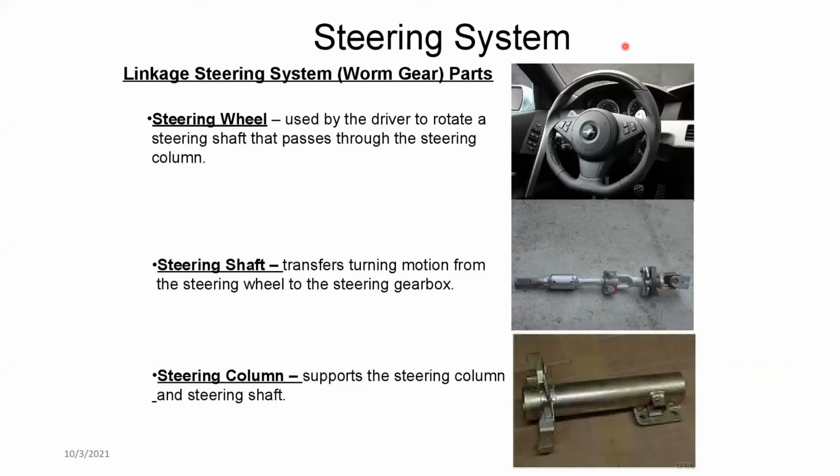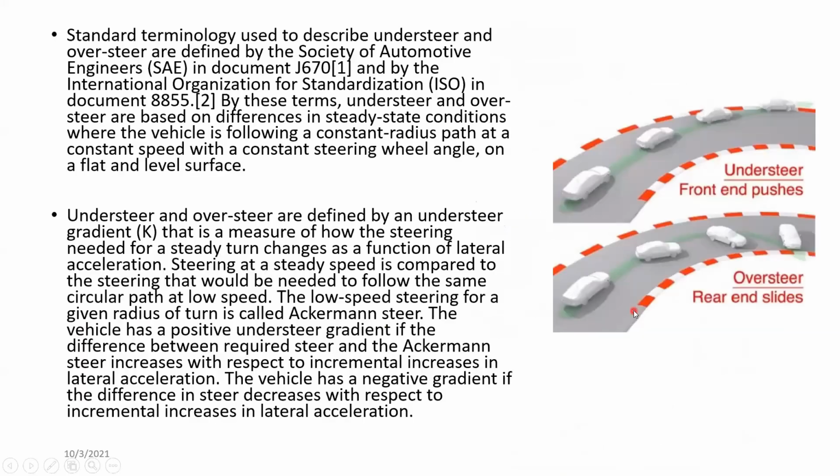So that's a science, the science behind how the human interacts with machines. The steering shaft and the steering column are very important components, because these are safety components.